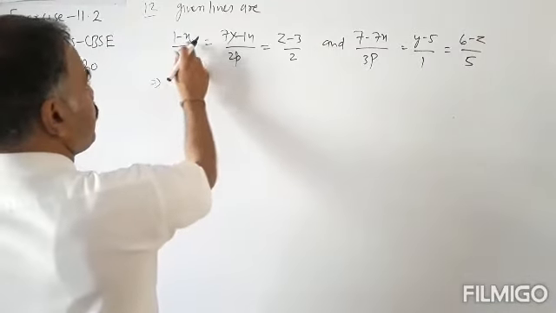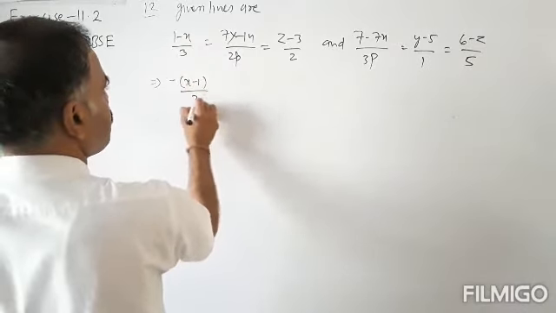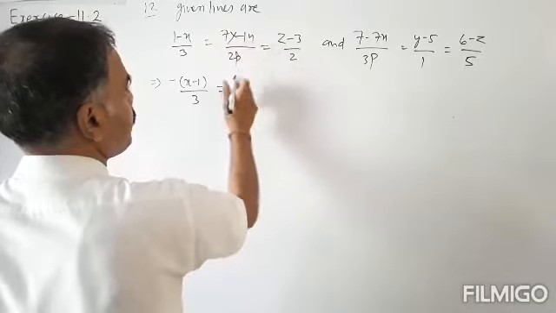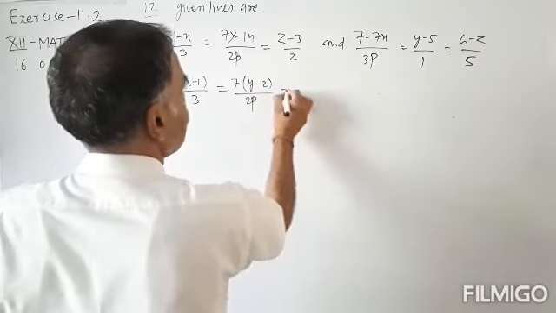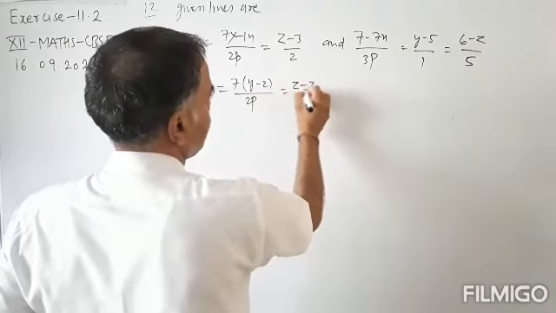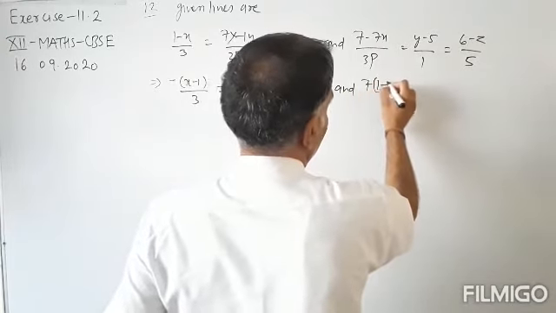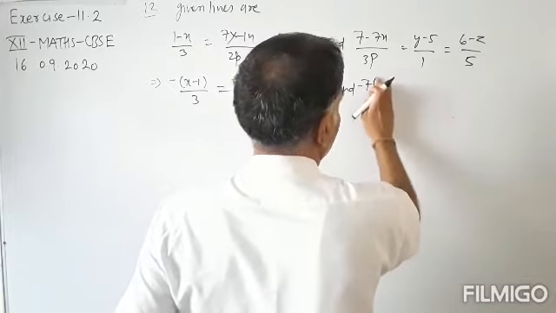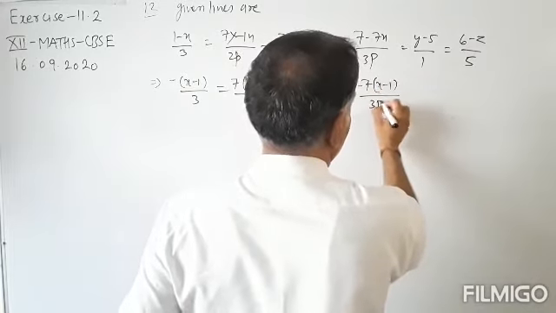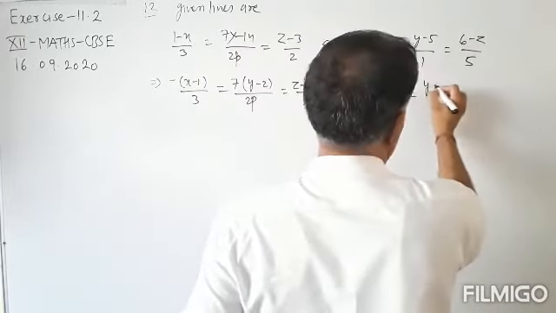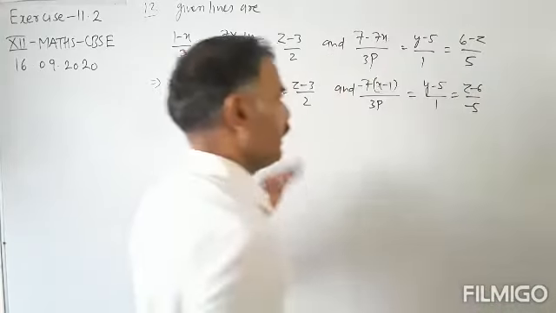So this is 1 minus x; taking minus common, x minus 1 upon 3 equals, this is 7y minus 14, taking 7 common, y minus 2 upon 2p equals, this is in standard form, z minus 3 upon 2. And the second line is 7 minus 7x; taking 7 common, 1 minus x, taking minus 7 common, x minus 1 upon 3p equals, this is in standard form, y minus 5 upon 1, and this is z minus 6 upon minus 5.